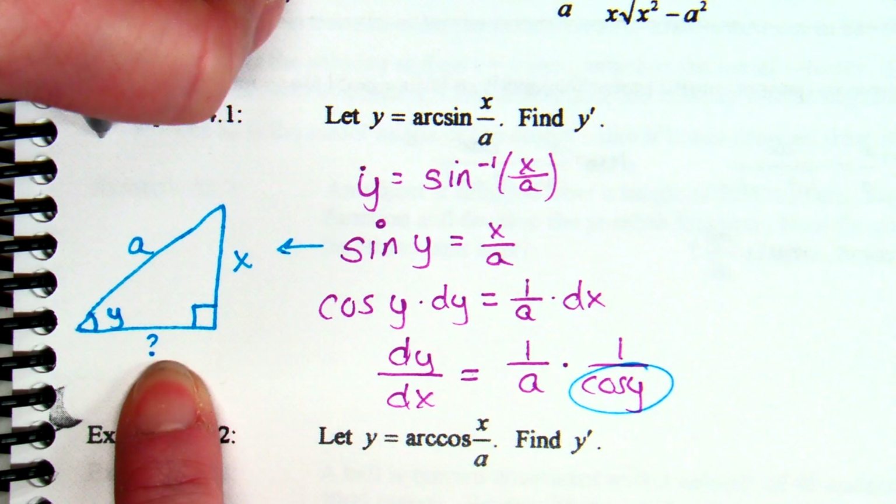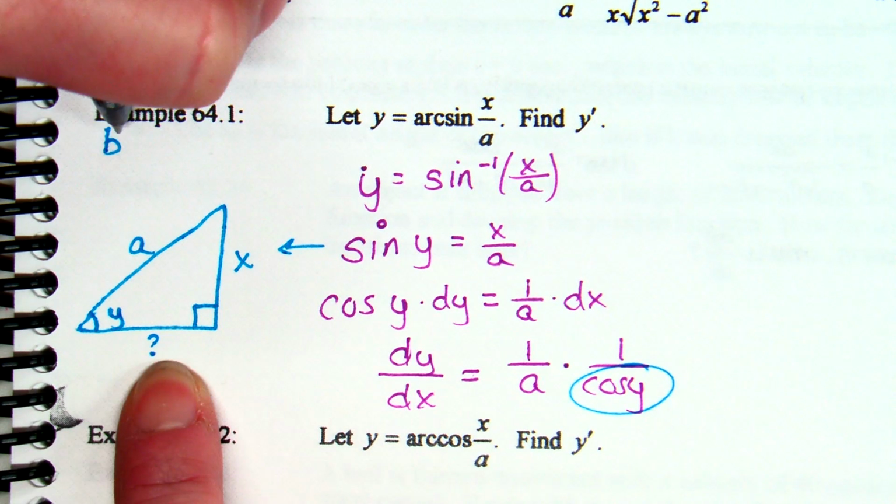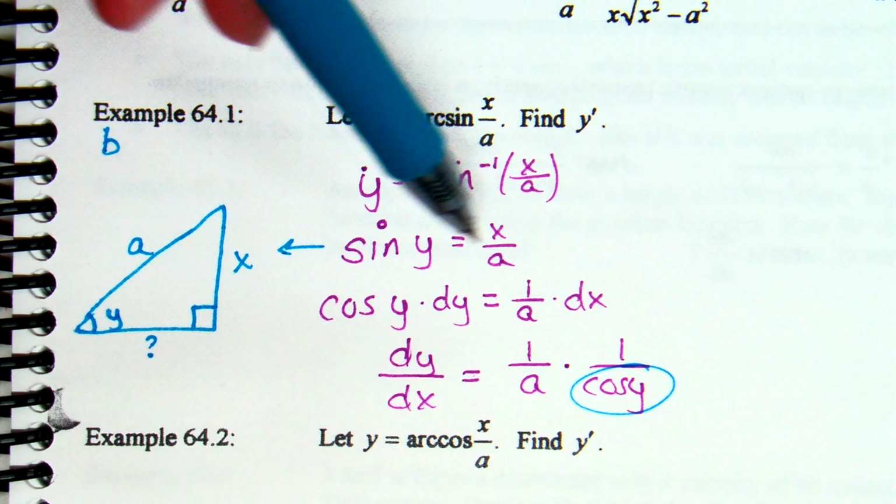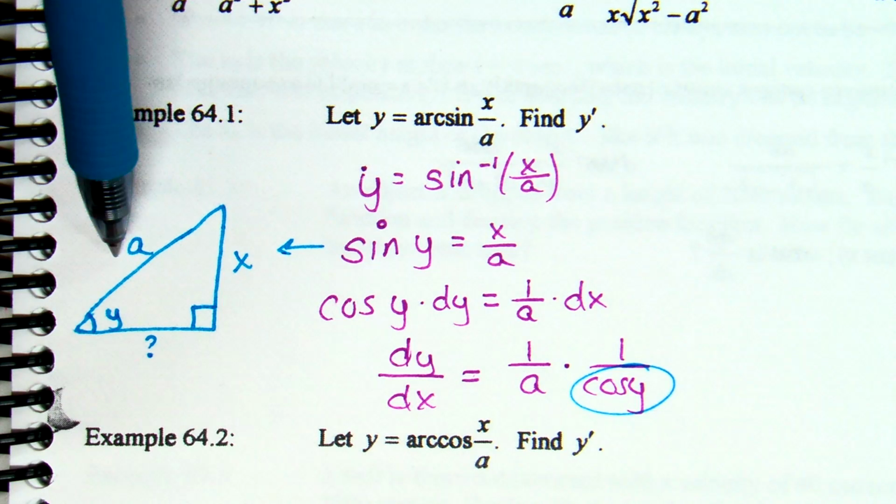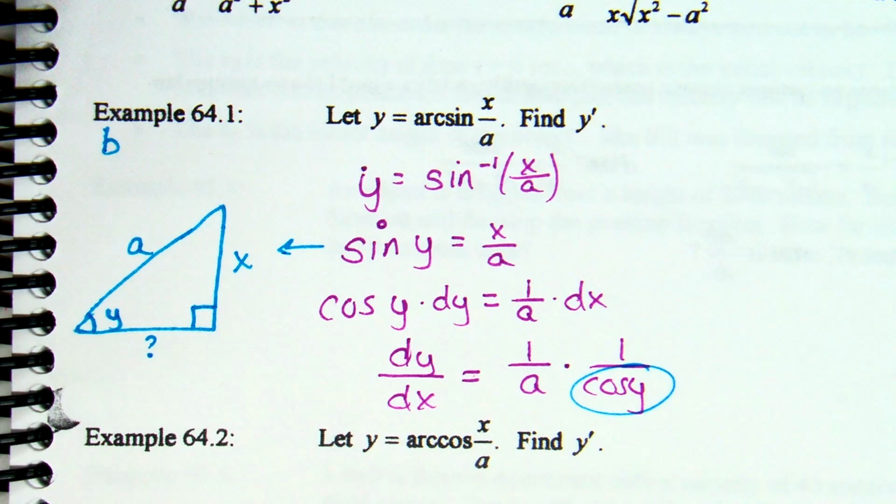But x over a was given in the problem. So that's why I labeled this a. No, I'm not using C, I'm using the pieces they gave me.